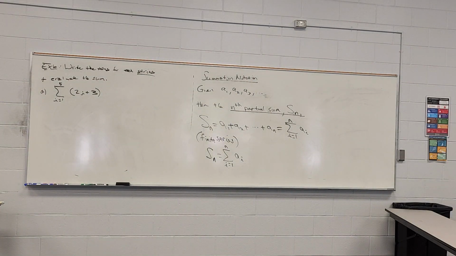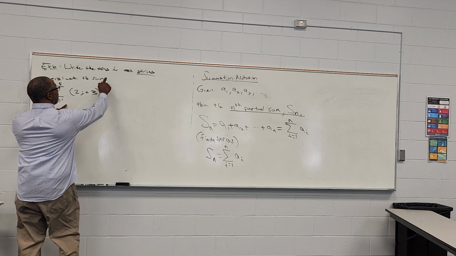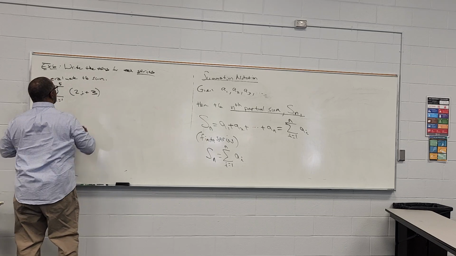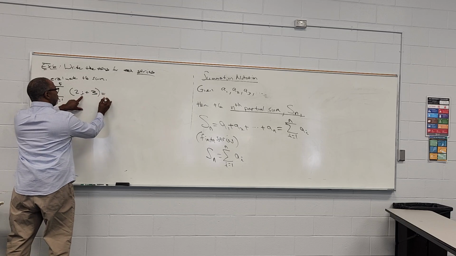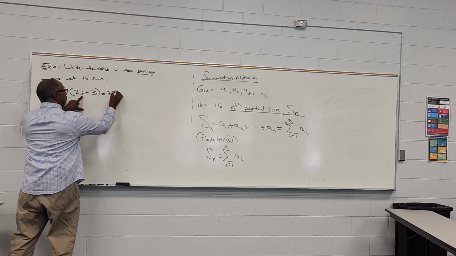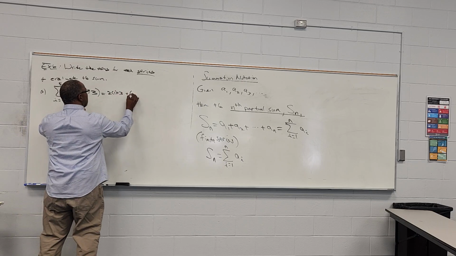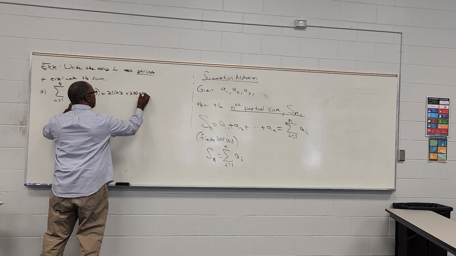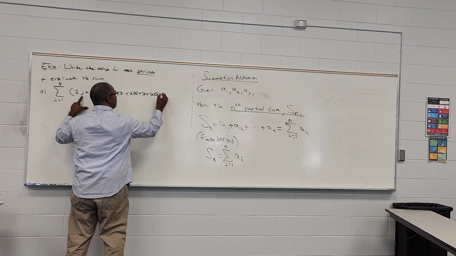Okay? All right, well, i equals 1 to 5. So when i equals 1, put a 1 where the i is. So that's 2 times 1 plus 3. Plus, when i is 2, you'd have 2 times 2 plus 3. When i is 3, you'd have 2 times 3 plus 3.